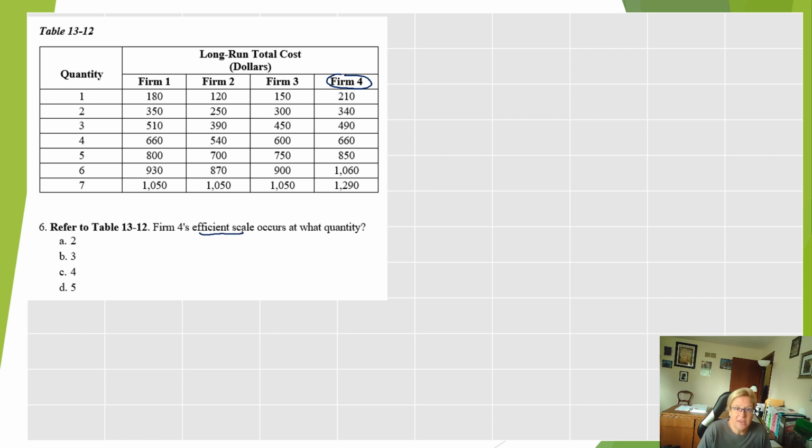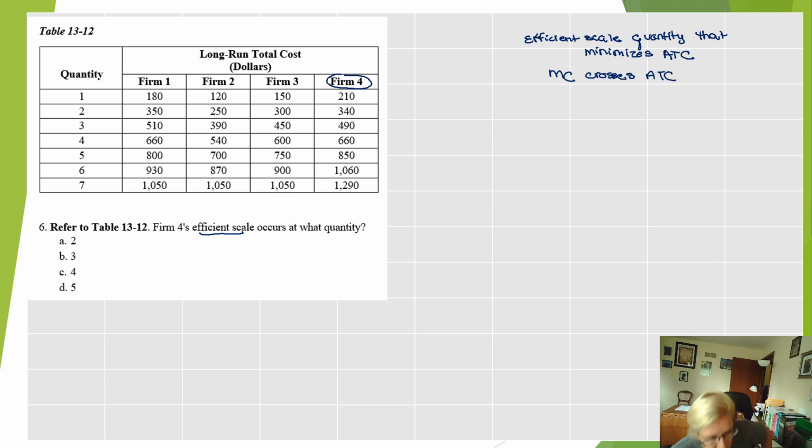And remember that the efficient scale occurs at the quantity that minimizes average total cost. It's where the marginal cost curve crosses the average total cost curve.